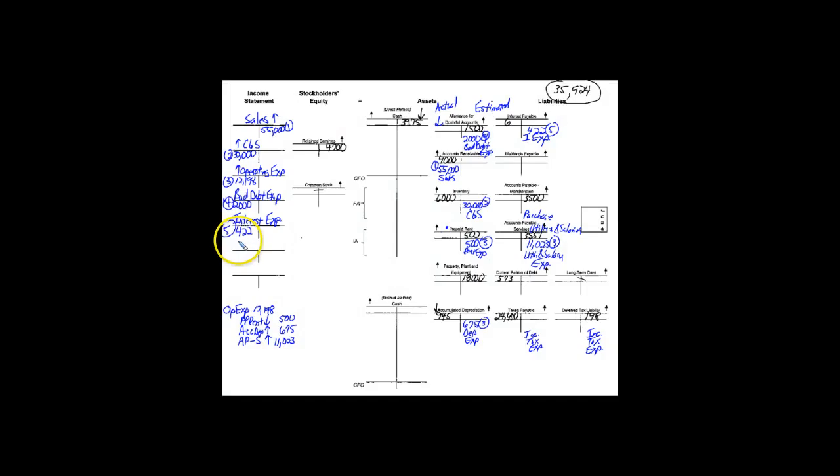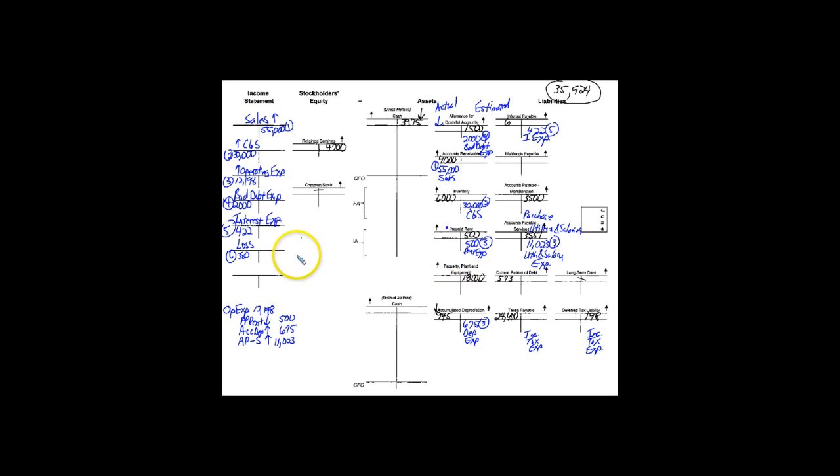Next item is this loss on sale of property, plant, and equipment, $380. So let's put our loss here, $380. Well, we incur a loss from selling the truck, right?